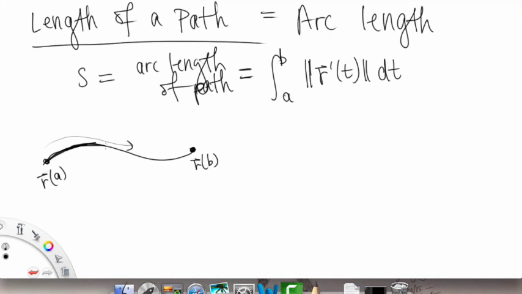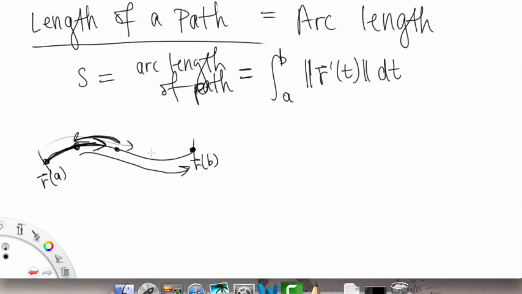Let's say we're traveling this way as t increases beyond a. But then at this point, we start backtracking. So we start going over the same curve but in a different direction. And then once we get to this point, we go back and continue on all the way to r of b. So the concept behind this is that this arc length is not of the curve itself.